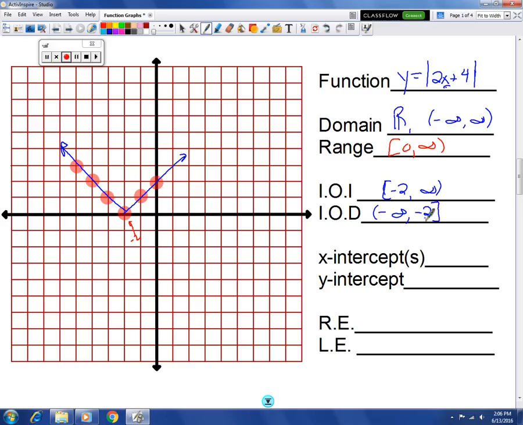Let's see, the x-intercepts. There's an x-intercept at -2. There's a y-intercept at +2. That's +2 is the y-intercept. -2, that's the x-intercept. Right-hand behavior.